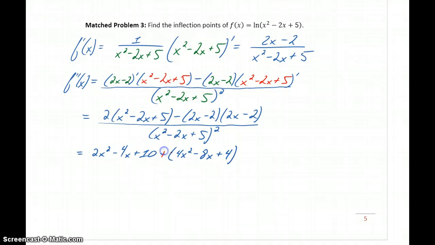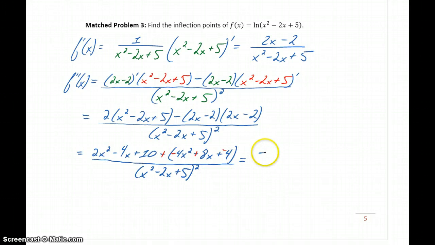And then distributing that negative through, this will become minus 4x squared plus 8x minus 4, all over x squared minus 2x plus 5, that quantity squared. So combining like terms, the numerator will give us negative 2x squared plus 4x plus 6 over x squared minus 2x plus 5, that quantity squared.